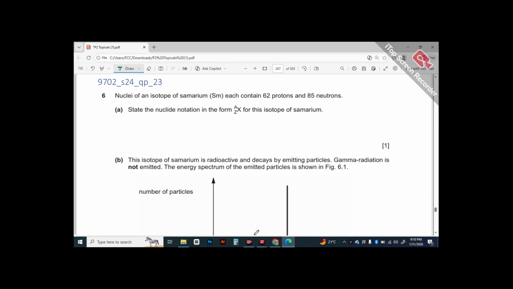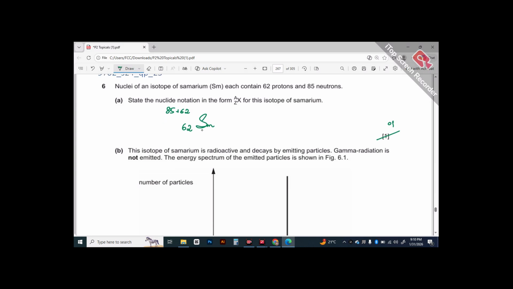Now state the nuclide notation in the form A and Z. So the symbol is given, the proton number is mentioned to be 62. As for the neutron number, it is 85. So the nucleon number should be 85 plus 62. You can write whatever the sum is here, right? This makes up our 1 mark.